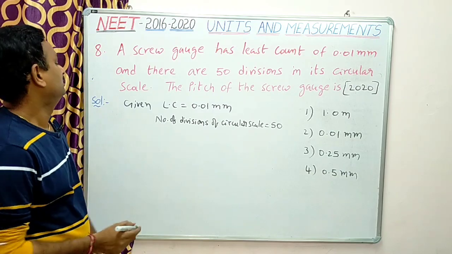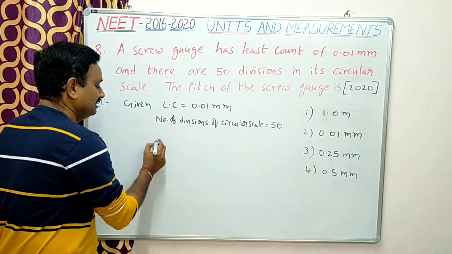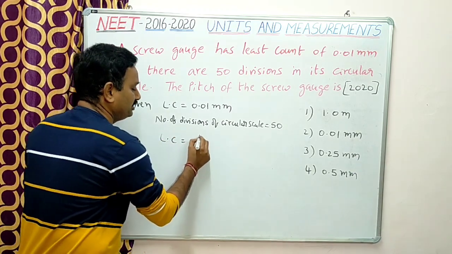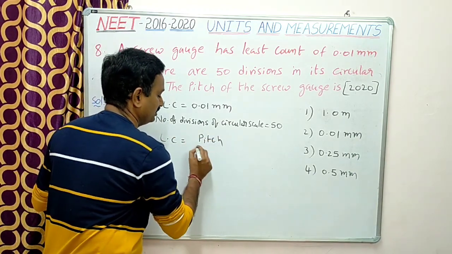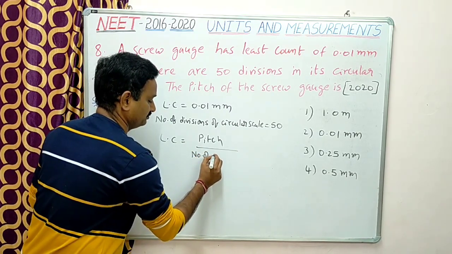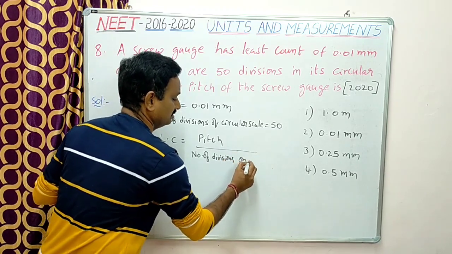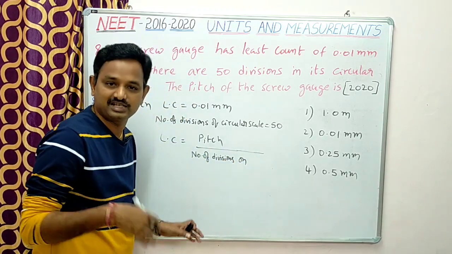We need to calculate pitch of the screw gauge. See, least count is equal to pitch by number of divisions on head scale. Head scale means circular scale.